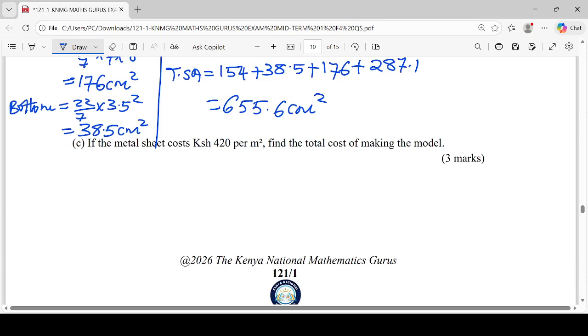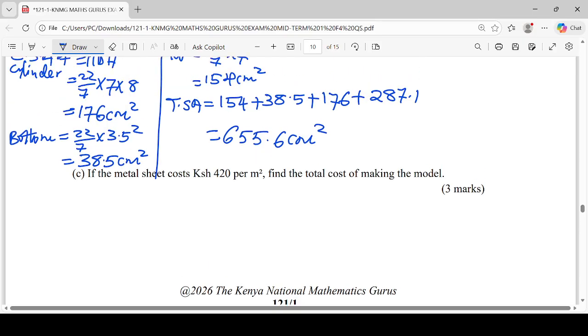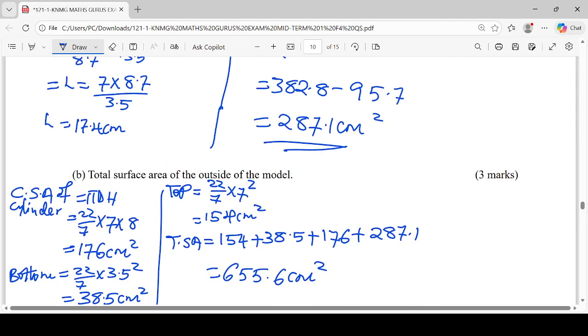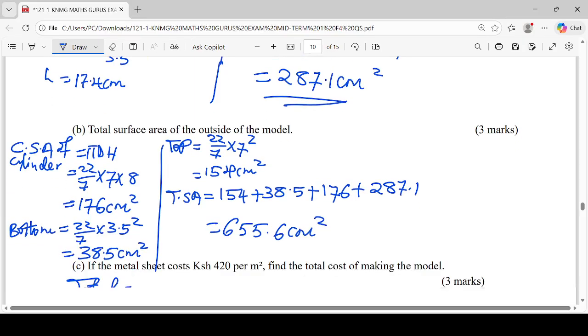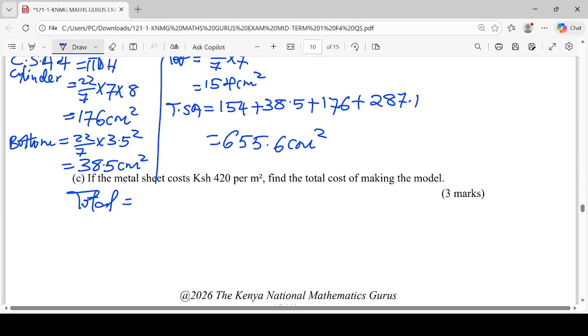Part C, if the metal sheet costs 420 shillings per square meter, find the total cost for making the model. These are centimeters, so I'll take the total area, 655.6, and divide it by 10,000 because the cost is per square meter.